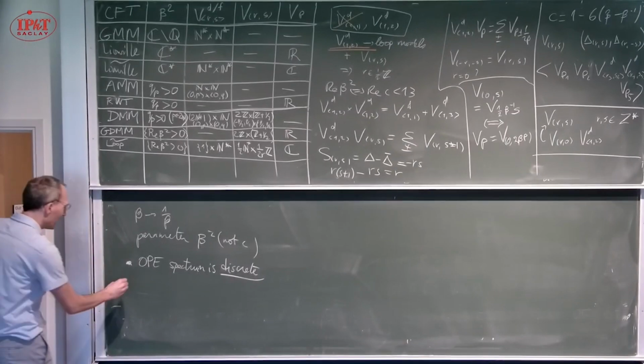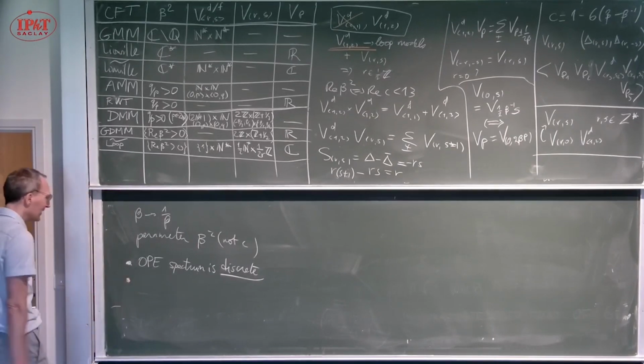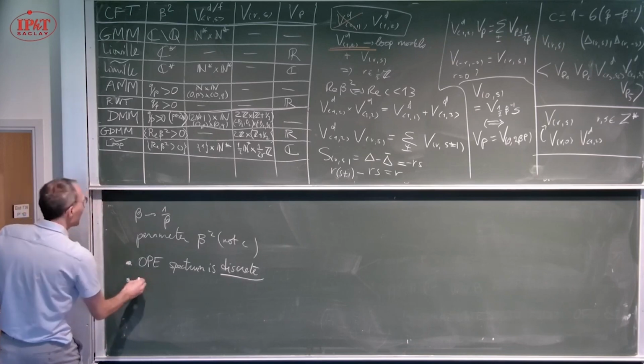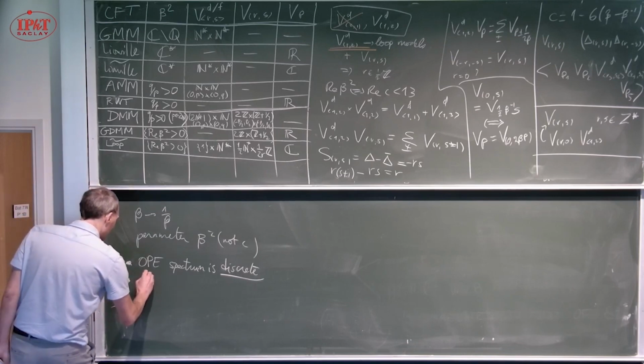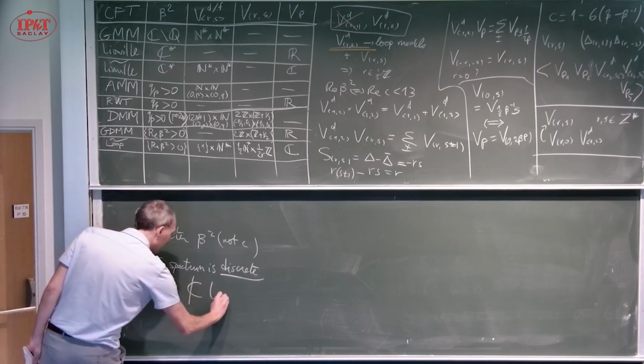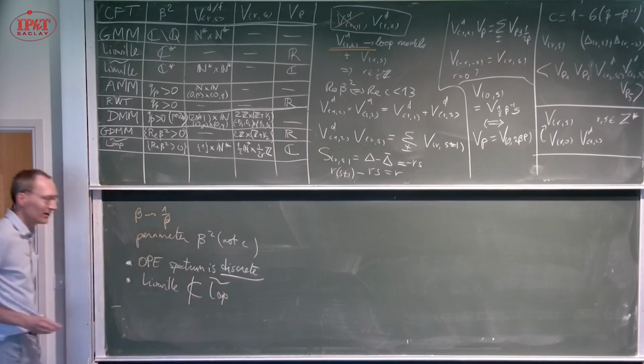Well, there are other formulations of the same idea. I wouldn't say they are mathematically equivalent because I can't prove it. But one other way of saying it is that Liouville theory is just not included in these loop models.